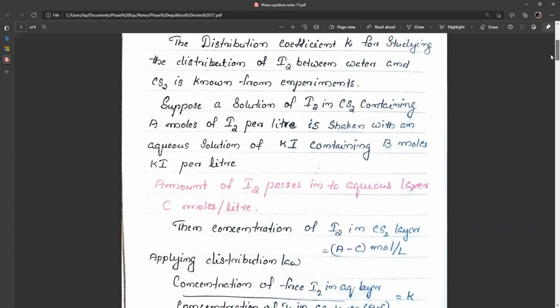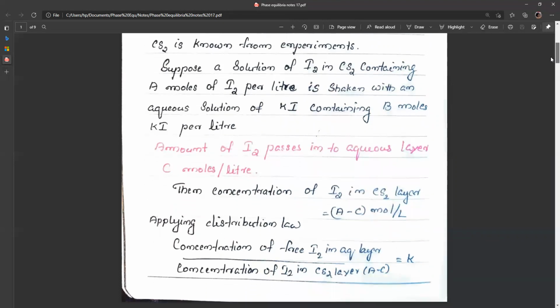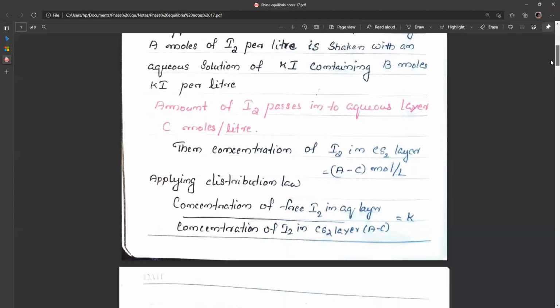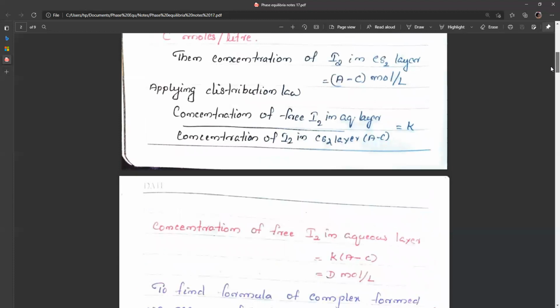In the aqueous layer the iodine is C moles per liter, so the concentration of iodine in the carbon disulfide layer will be A minus C moles. Applying the distribution law, the concentration of free iodine in the aqueous layer divided by the concentration of iodine in the carbon disulfide layer is equal to K. So the concentration of free iodine in the aqueous layer is K into (A minus C), let it be D mole per liter.